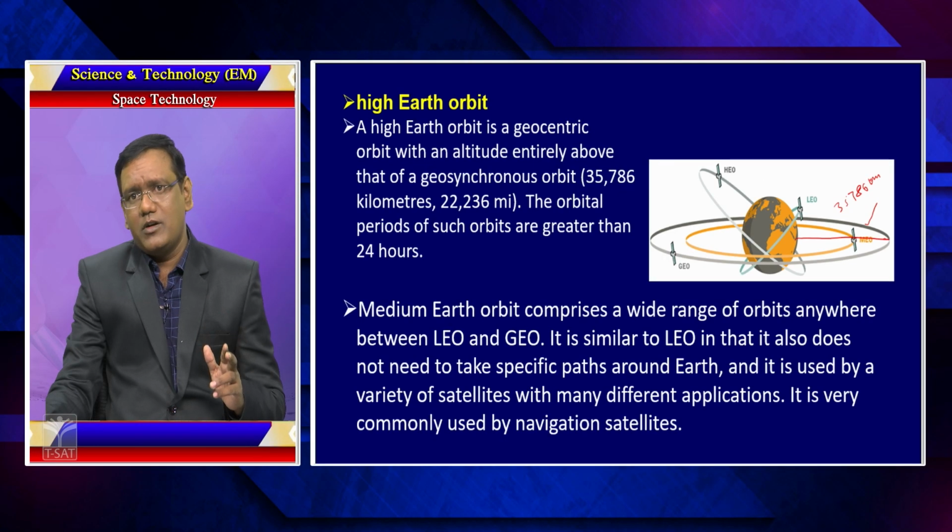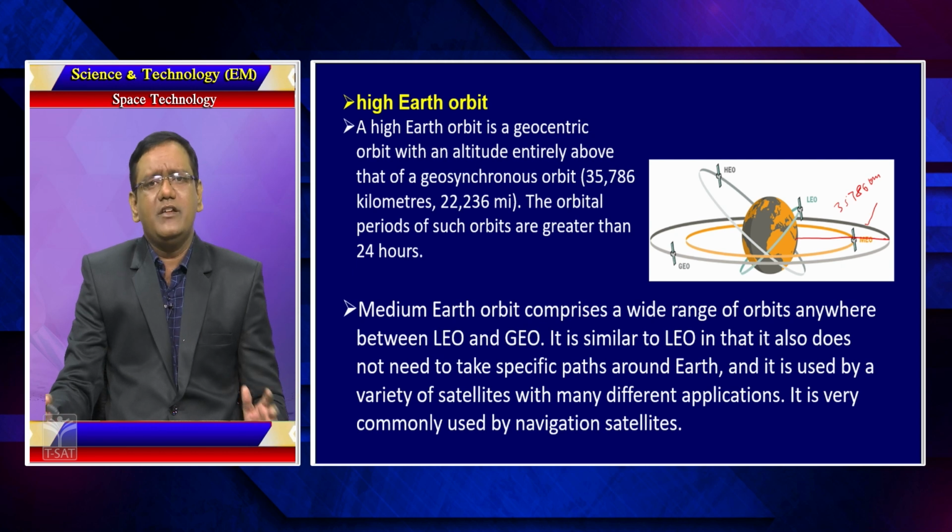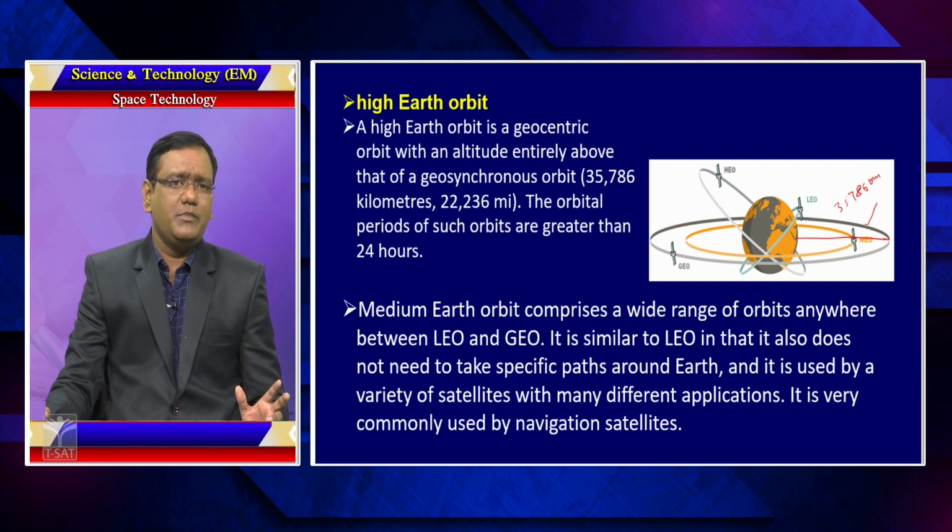Now we have talked about LEO, the low Earth orbit, and about high Earth orbit. So what does medium Earth orbit comprise? It is a wide range of orbits anywhere between LEO and GEO, and we call this a medium Earth orbit.